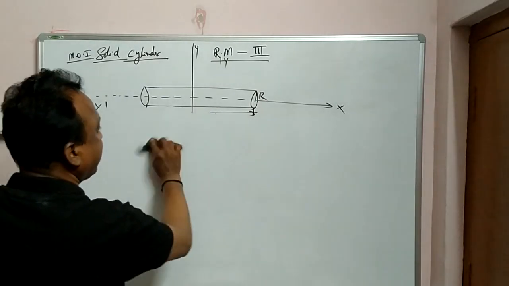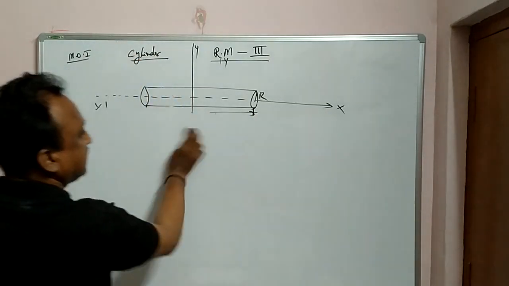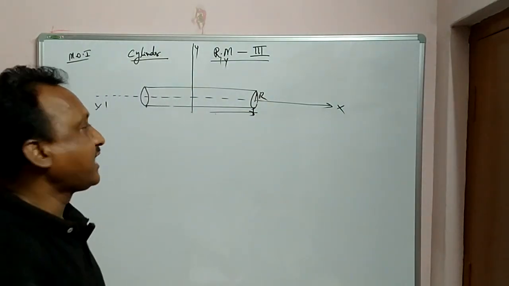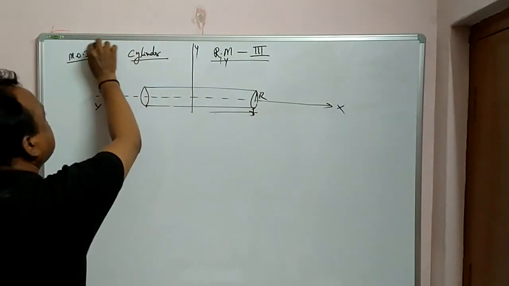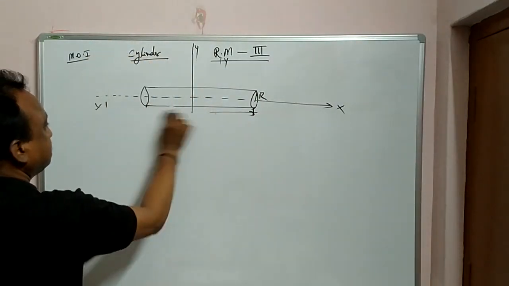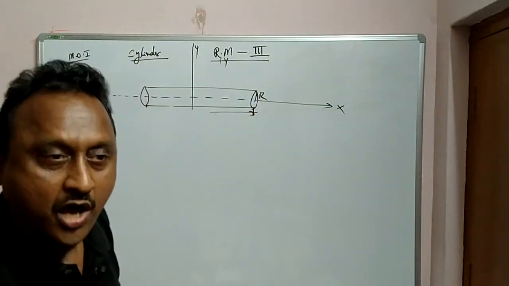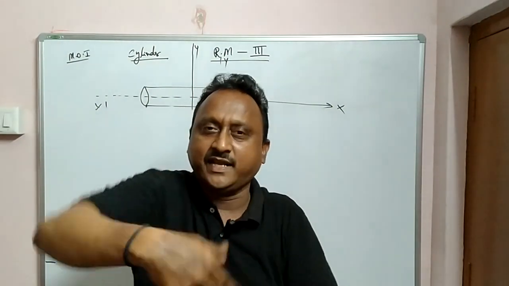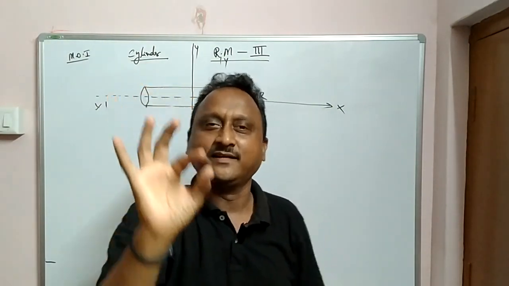See, a hollow cylinder means there is no material inside. When you take a cylinder, inside it is completely empty. So when you cut the cylinder, what you get is nothing but a ring.